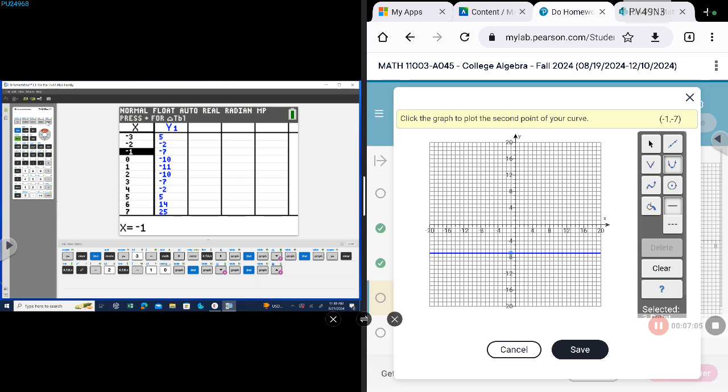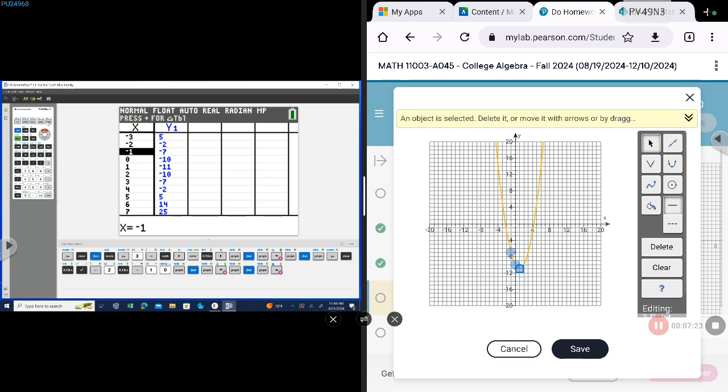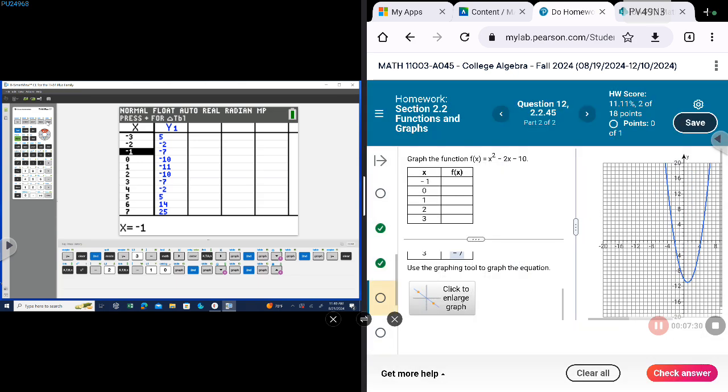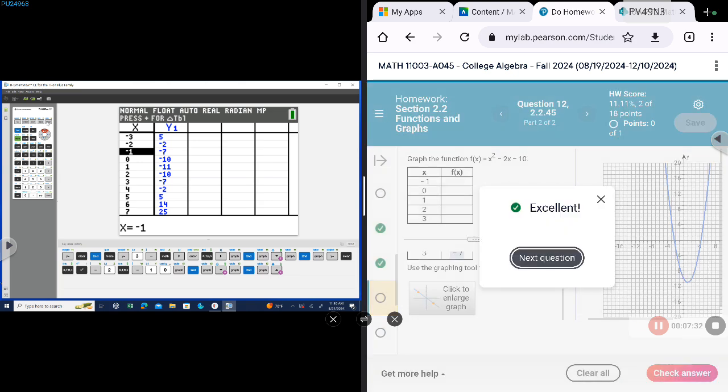Here we go. 0, negative 10. So left and right 0, down 10. And then another point, I'll do 1, negative 11. So to the right 1 and down 11. To graph, once you plot 3 points, it connects it, save it, and check it.